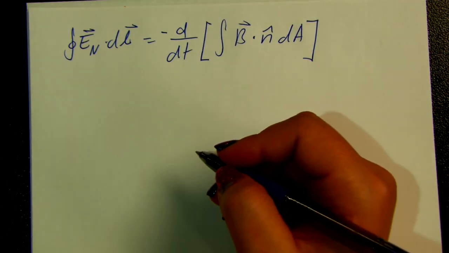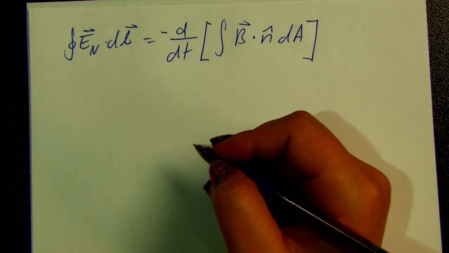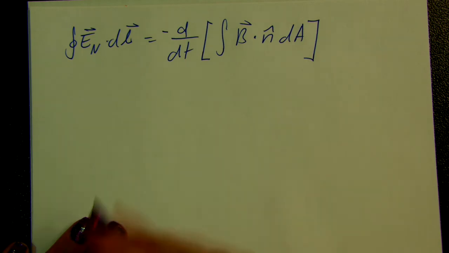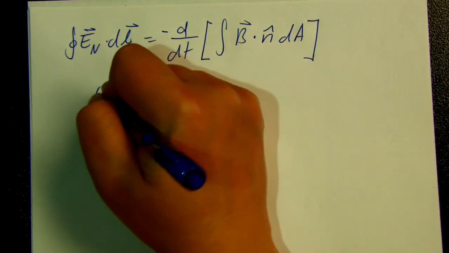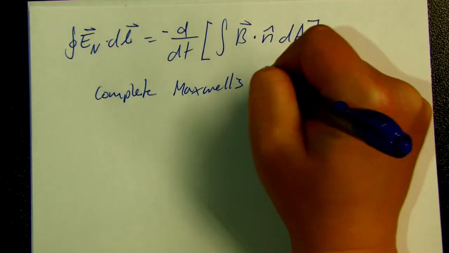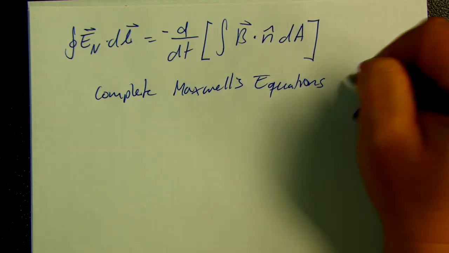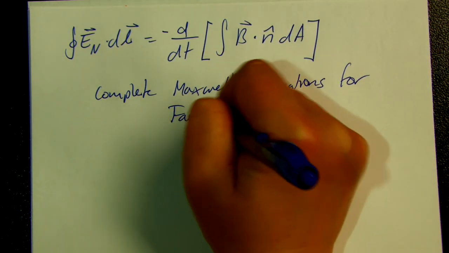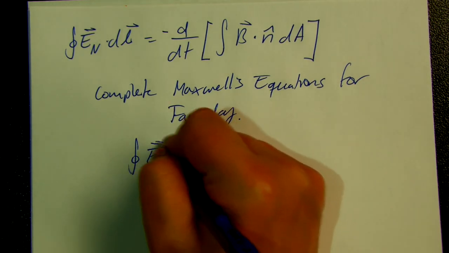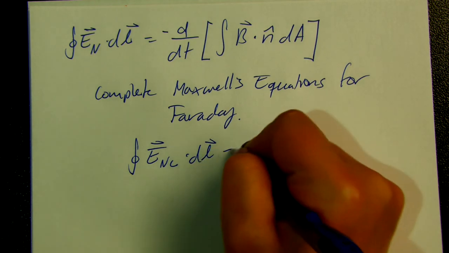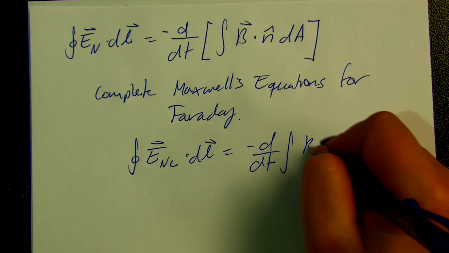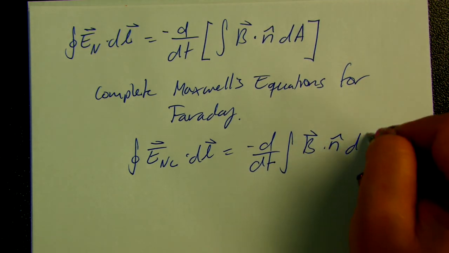Okay, so we can put all this together and complete Maxwell's equations for Faraday. We're not all the way done yet. So the complete expression is the integral of E non-Coulomb dot dl is equal to minus the time-varying derivative of the integral of B dot n hat dA.